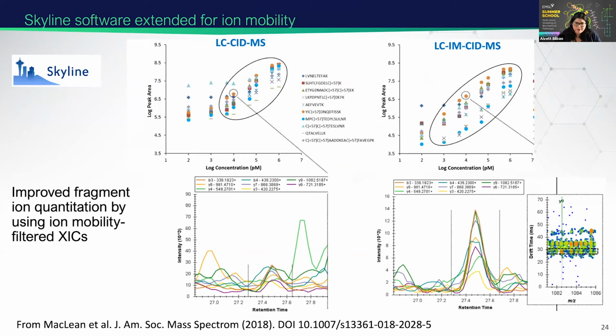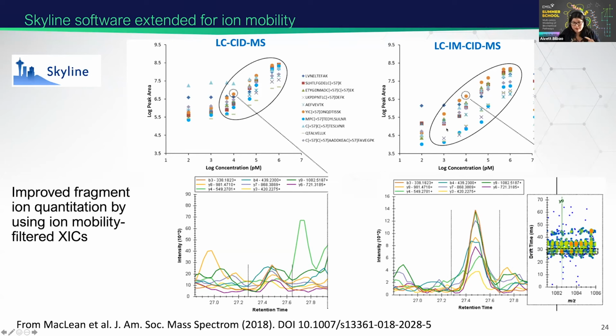The existing LC-MS tools are being updated to process ion mobility data. One of the first ones was Skyline. Here is an example of a calibration curve from a dilution experiment with multiple concentrations of a peptide mixture. On the left is the quantitation made without ion mobility, and on the right, when we also put ion mobility combined with the LC.